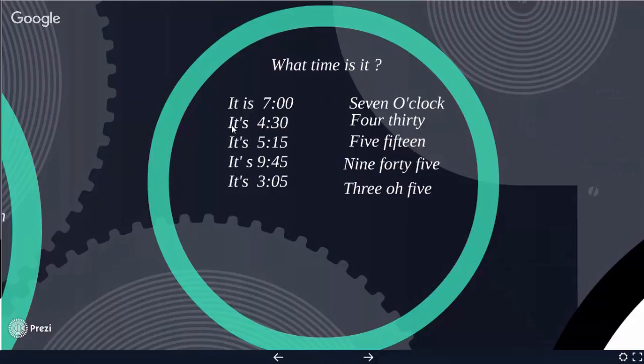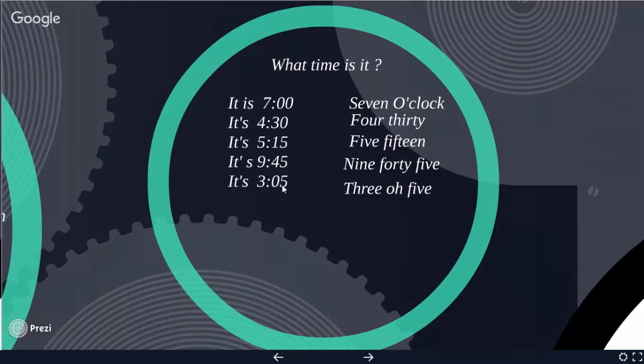What time is it? It's, in this case, I write the short form. The long form, it is. The short, it's 4:30 a.m., 4:30 p.m., 4:30 in the morning, 4:30 in the afternoon. It's 5:15. It's 9:45.